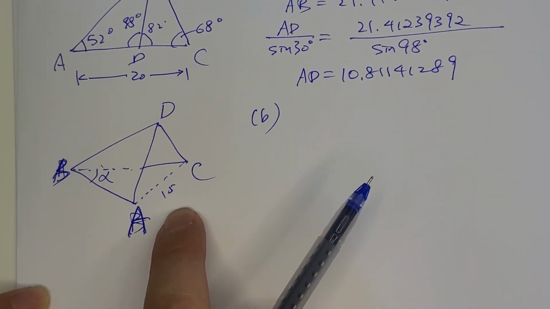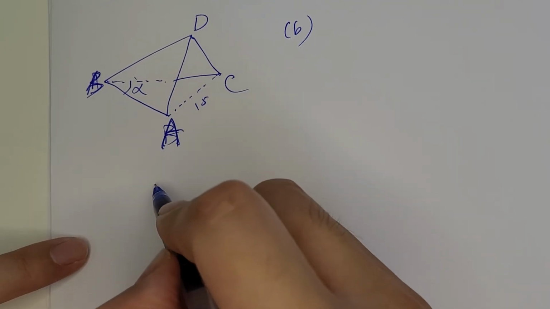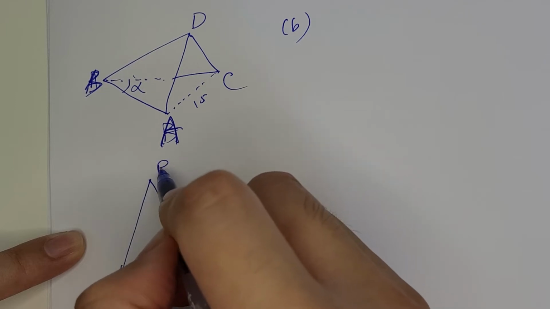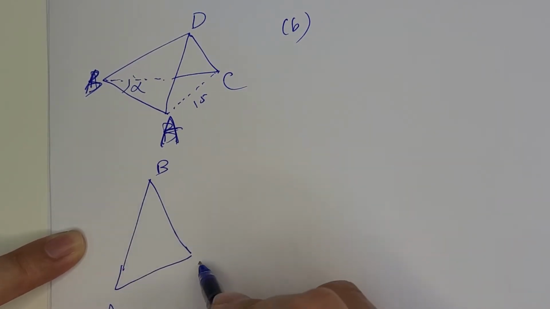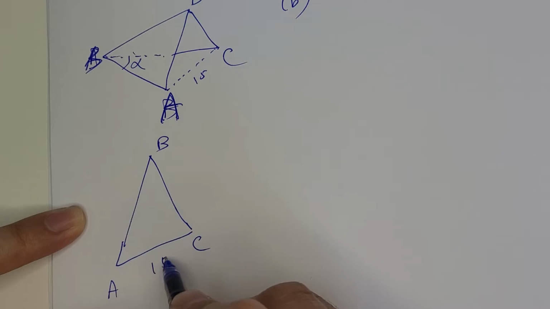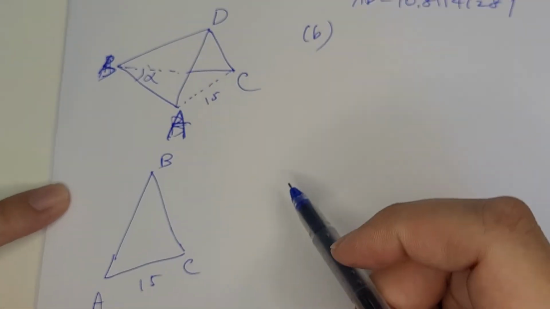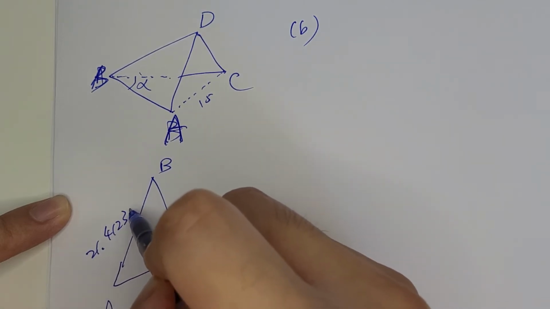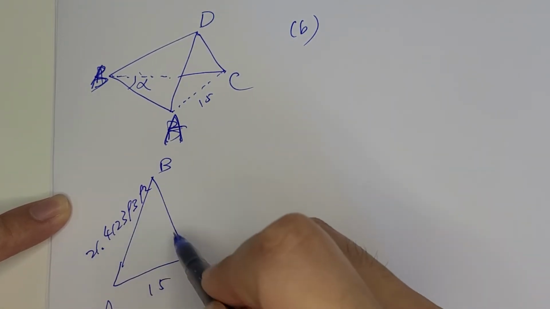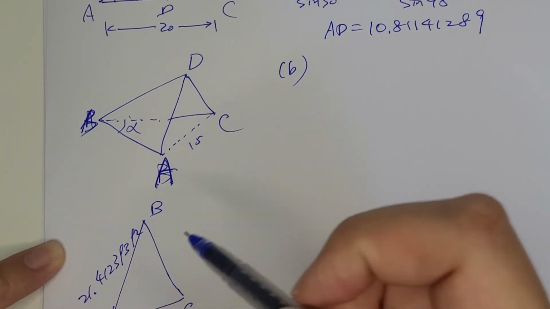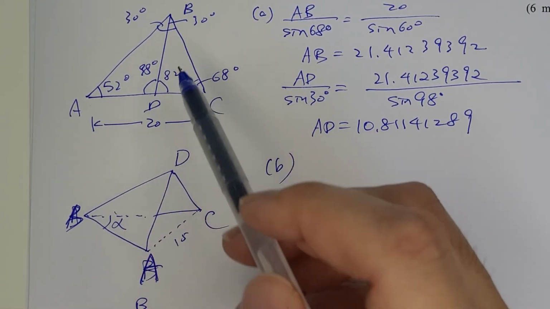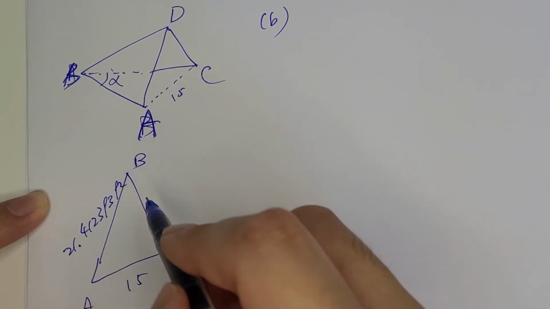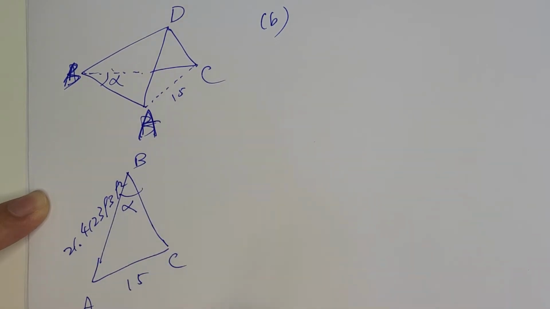So, let's check this one. B, A, C here. AC is now 15. AB, that is, you found in part A, 21.41239392. And BC, we didn't find it. Don't worry, we can use the figure in part A to find BC. After you find BC, then you can apply the cosine rule to find this, I would say alpha, okay?